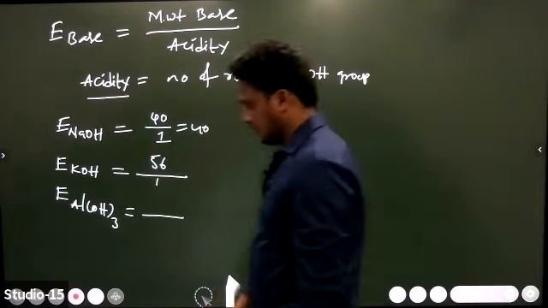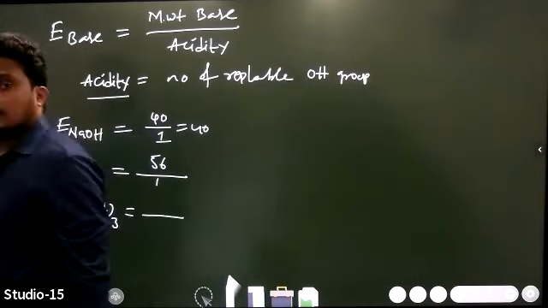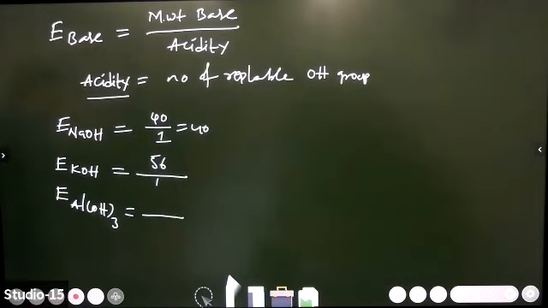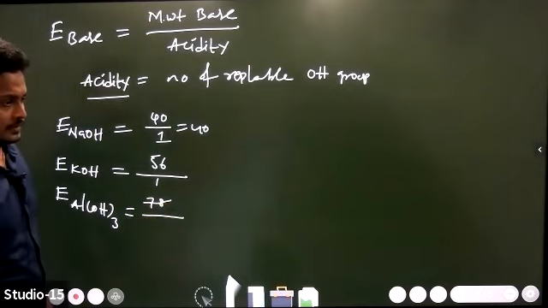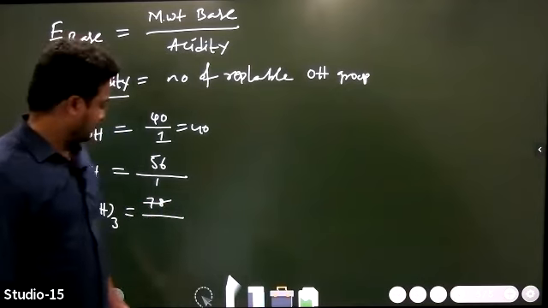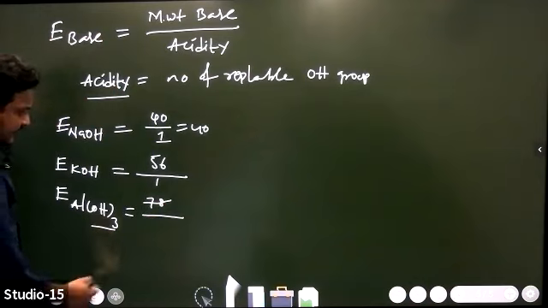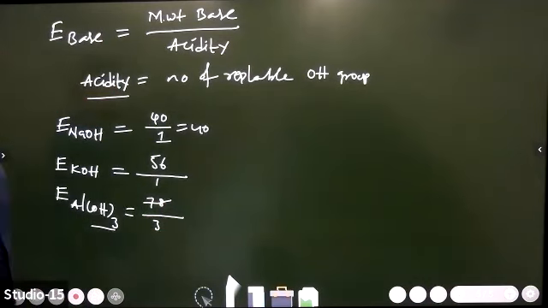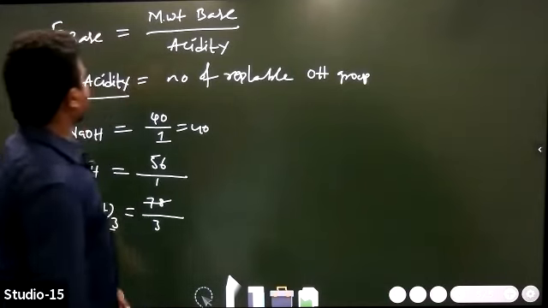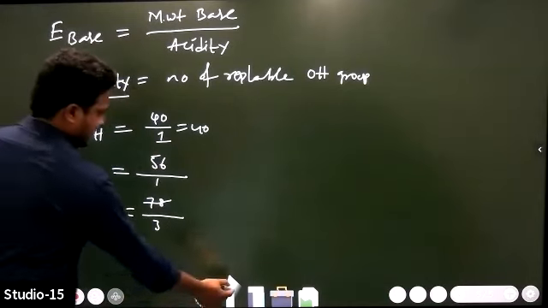That is 1. What about aluminum hydroxide? 78 by how many OH groups are there? 1 or 2 or 3? 3. So 78 by 3. Like this, we can calculate equivalent weights of bases.